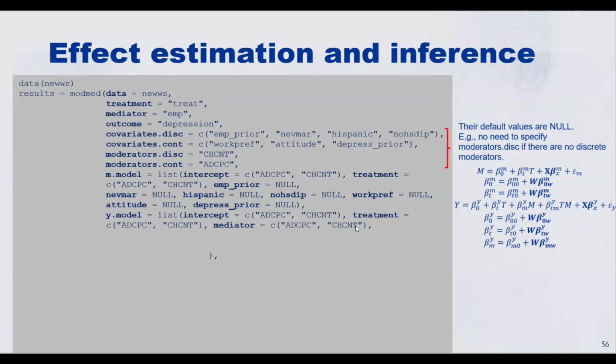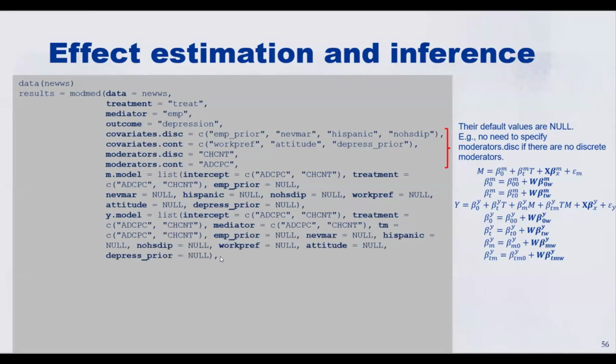I write it in this way. And I also specify the treatment-by-mediator interaction coefficient in the outcome model as a function of the moderators. So these are moderated, but the covariates are not moderated, so they are equal to NULL. So this finishes the specification of the mediator and outcome models in the hierarchical form.